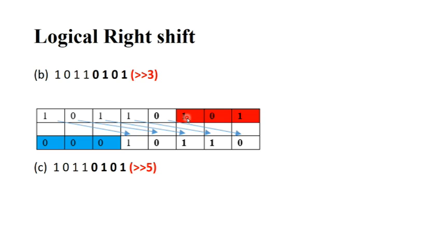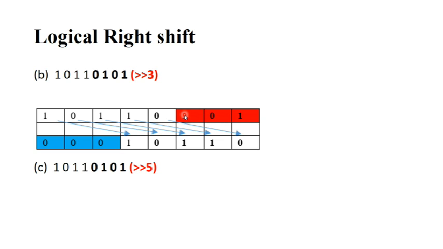Let's now look at this one. If I try to move it 3 times, I will move it 1 time, 2 times. The 3rd time, there is no slot that I can store it in. There is no index that is available for me to store. The same applies for this 0, and the same applies for this 0. They don't have any place to be stored, so they will be discarded.